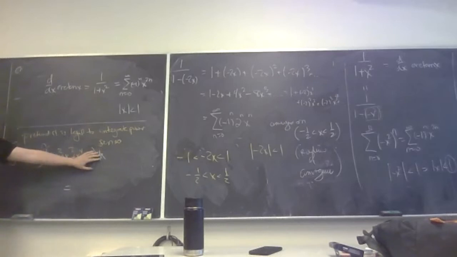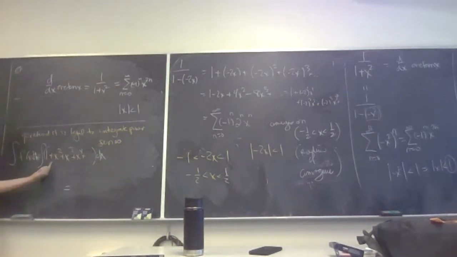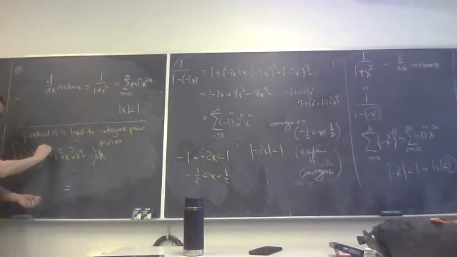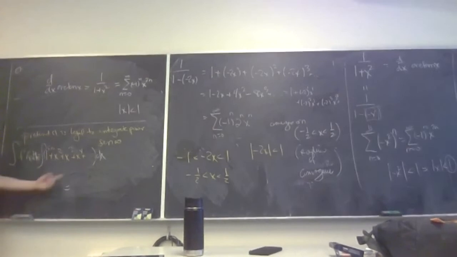What would you do? Term by term, right? It's a polynomial. You integrate the 1, then you integrate the x, then you integrate the x squared, then you integrate the x to the third.